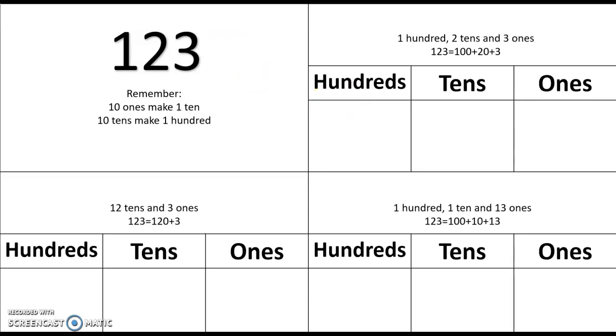So let's say I have the number 123. Remember, 10 ones make 10, and 10 tens make 100.